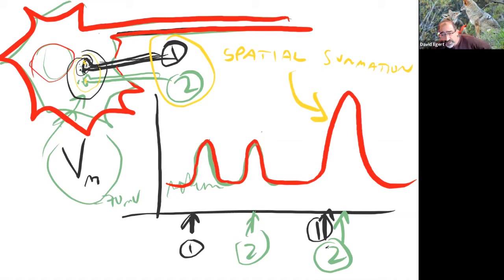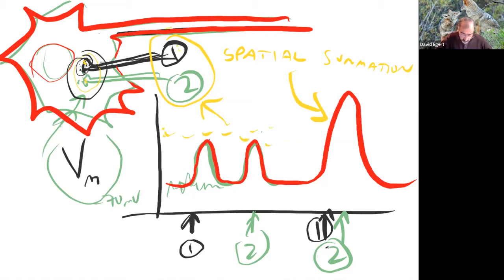If you want to think about this in terms of practical circuitry, this is like a coincidence detector, right? If you're trying to decide whether different things are happening at the same time. If just 2 is going, you're not going up very much. If just 1 is going, it's not going up very much.